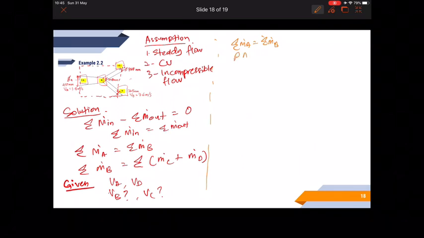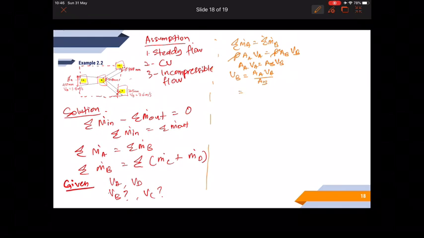So rho area A velocity A equal to rho area B velocity B, and then because it's incompressible flow, the density is constant, you take out the rho, so it becomes AA VA equal to AB VB. And then the question asks us about velocity at B. Simply mathematics, you put the VB as subject and then you move the AB. VB equals AA VA divided by AB.